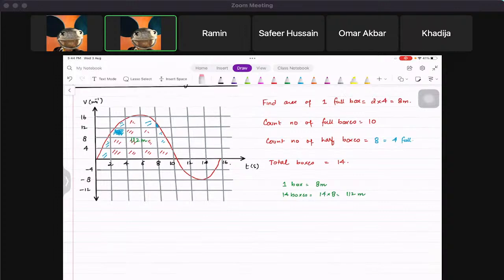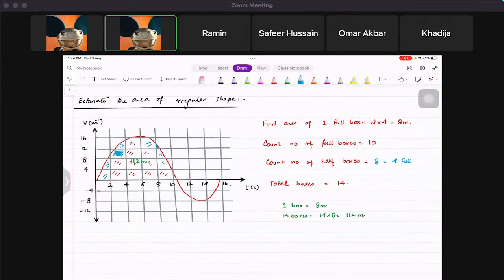So I'm just gonna put a line here so that we can write it on the other side. So for this one, I think only 1 and 2 boxes are almost full, and the half boxes here are 1, 2 and 3, which makes it 3, so that is equivalent to 1.5, right?